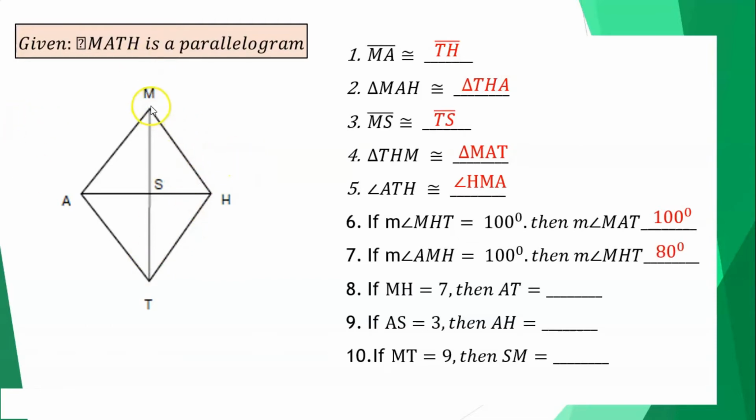Another, if segment MH is 7, therefore AT is also 7. If AS is 3 units, then AH would become 6. Then last, if MT is 9, therefore SM is 4.5. Okay, another.